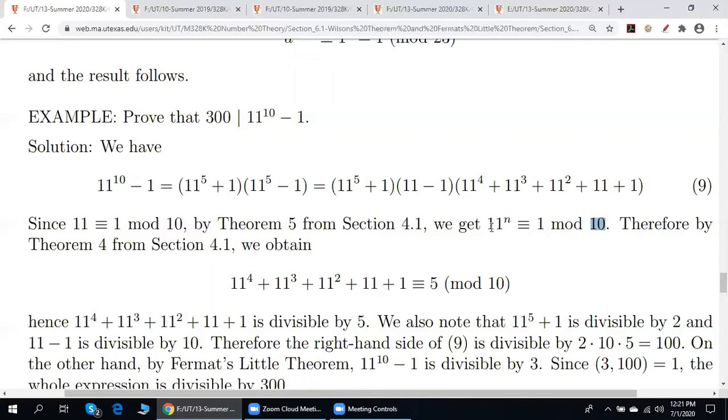And now let us add up all these congruences for n equal to 4, 3, 2, 1, and 0. We will get this. And now, since 5 is divisible by 5 and 10 is divisible by 5, this is divisible by 5. Next, note that this is odd plus odd, which is even, so this is divisible by 2.